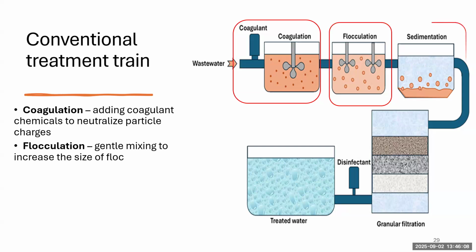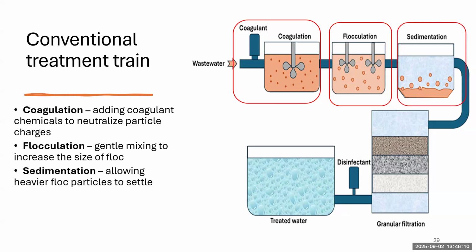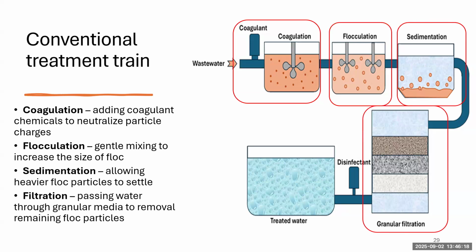We make them heavy enough so that they'll settle in the sedimentation part of the treatment train. And finally, we go to filtration, and this is called the conventional treatment process. In filtration, we pass water through some type of granular media to remove those floc particles that wouldn't settle out in sedimentation. So the filters have a little more difficult job.